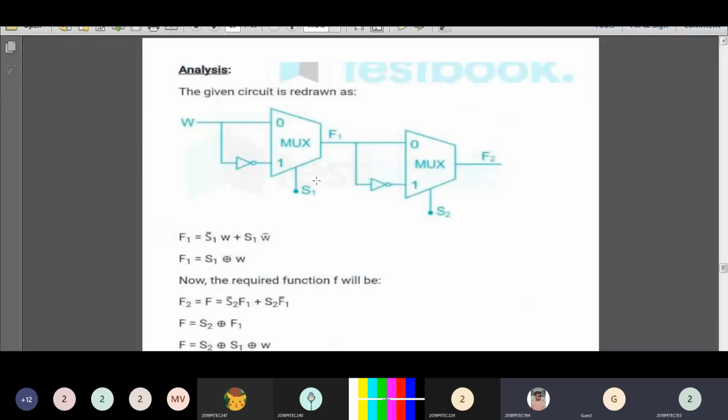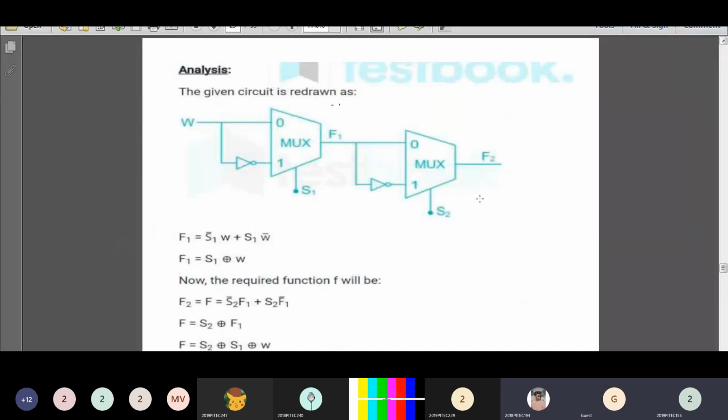When the selection input is 0, the first input, I0, is connected to the output, so it can be written as S1 dash W plus S1 W dash. So the output of the first multiplexer is S1 XOR W. This is the logical expression of our XOR gate, so this can be written as S1 XOR W.